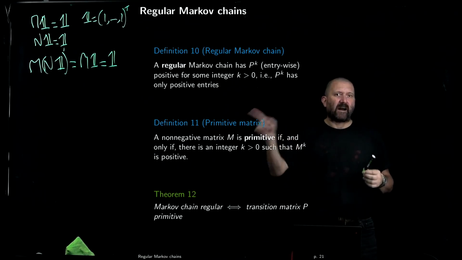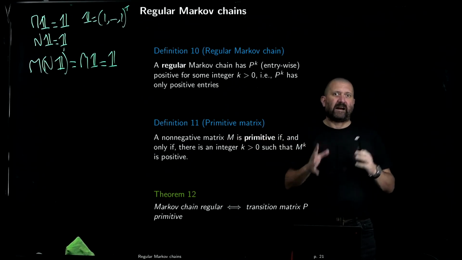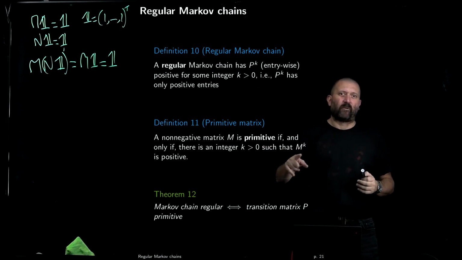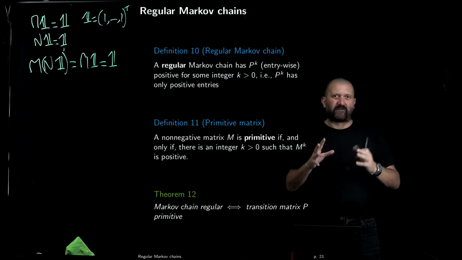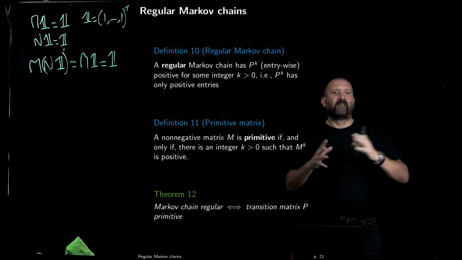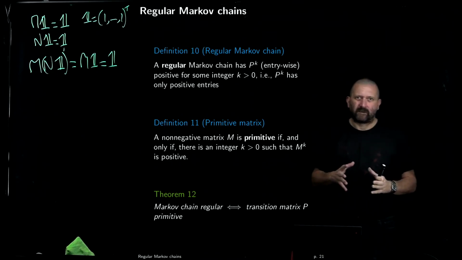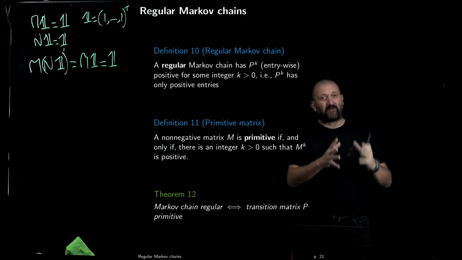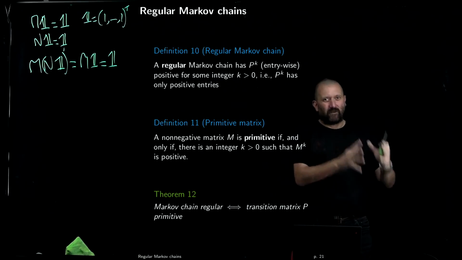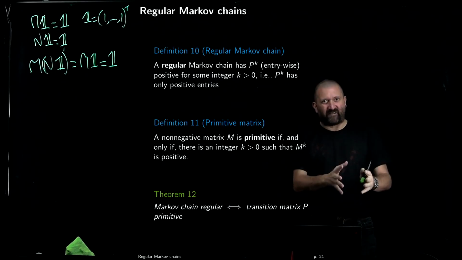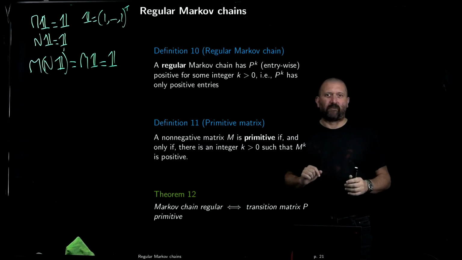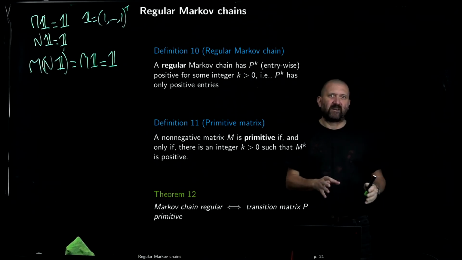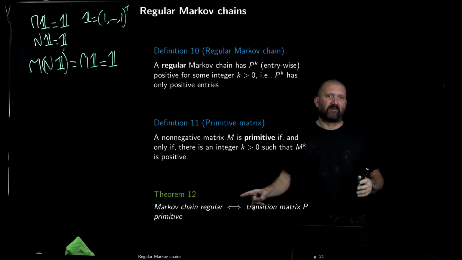In this case, it doesn't have to be a stochastic matrix. Any non-negative matrix that has the property that there is a k such that n to the k is positive is called primitive. Okay. But in the case of Markov chains, we're dealing with matrices that are not only non-negative, but also stochastic. And therefore, we have this equivalency here that a Markov chain is regular if the transition matrix P of the Markov chain is primitive.